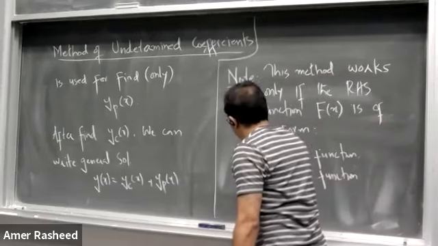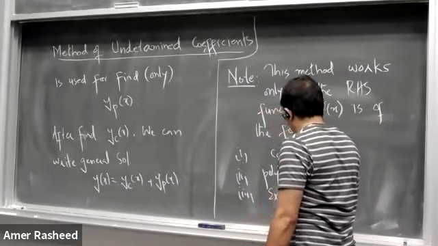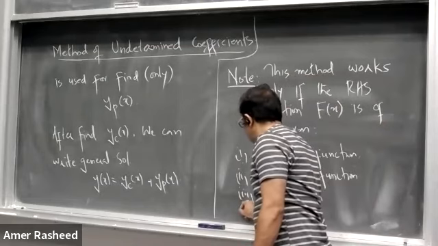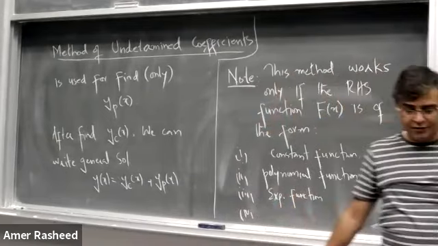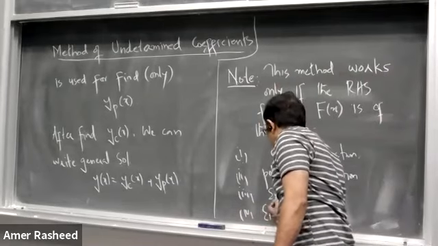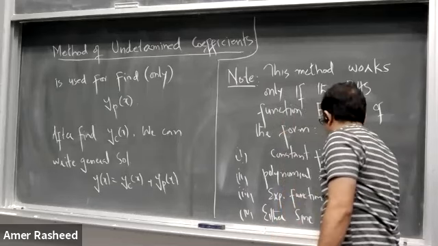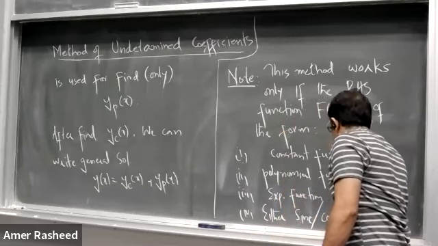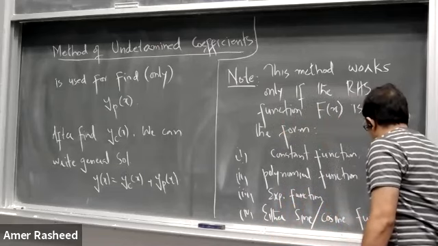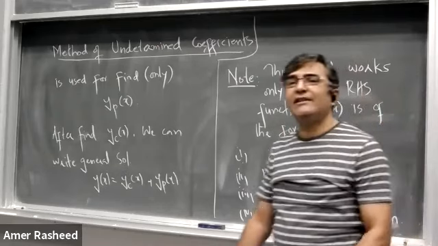Number three, exponential function. Number four, sine or cosine function, either sine or cosine. This is strictly sine or cosine. It cannot be tan. It cannot be tangent function.